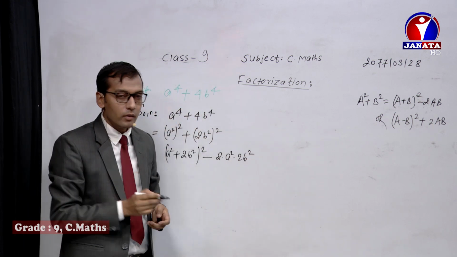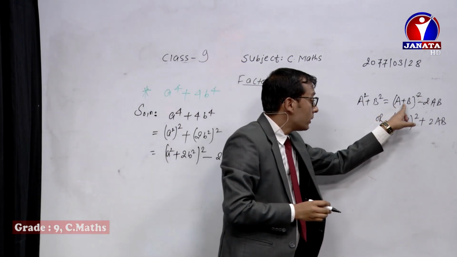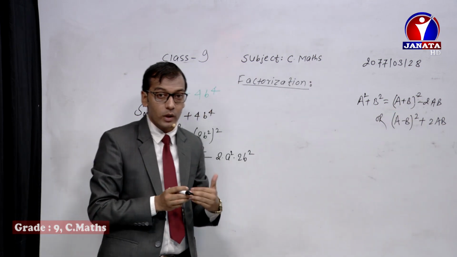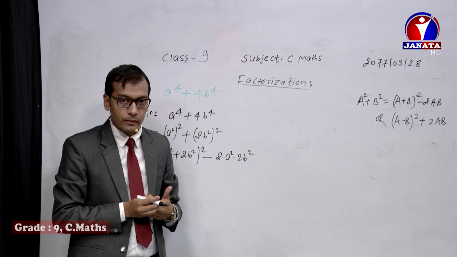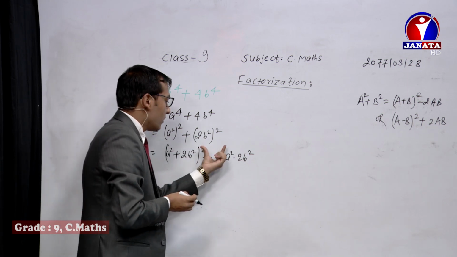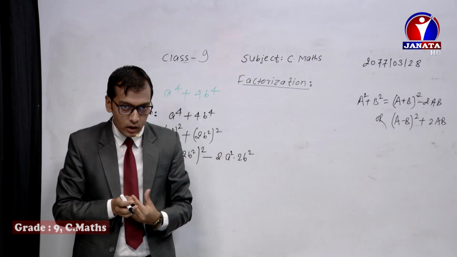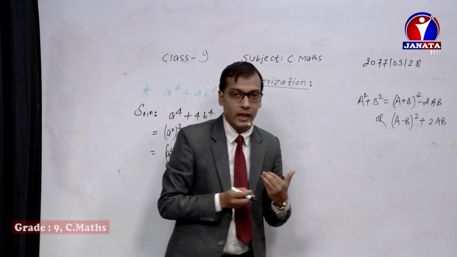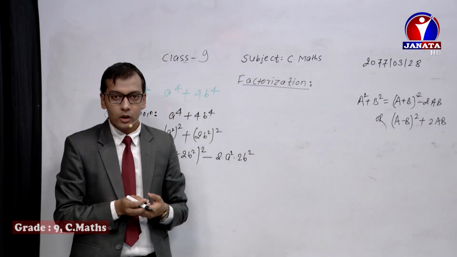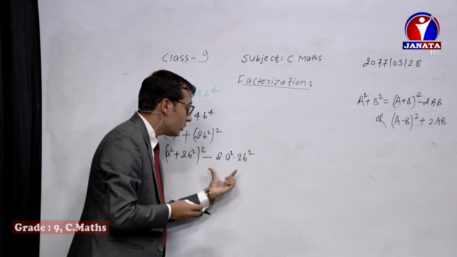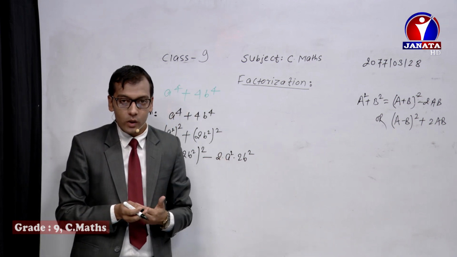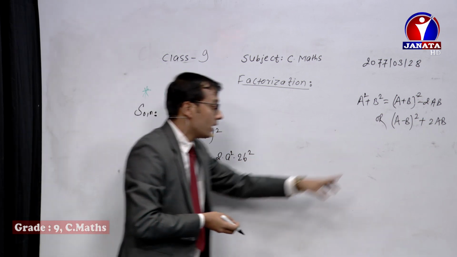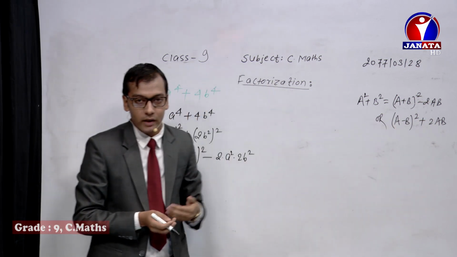Here I am using the first expanded form, (a plus b) whole square minus twice of ab, and checking whether we can factorize or not. If we can factorize again by converting into a square minus b square form, this is the correct formula. If we are not able to convert into a square minus b square form in the next step, then we need to use the second formula for its factorization.